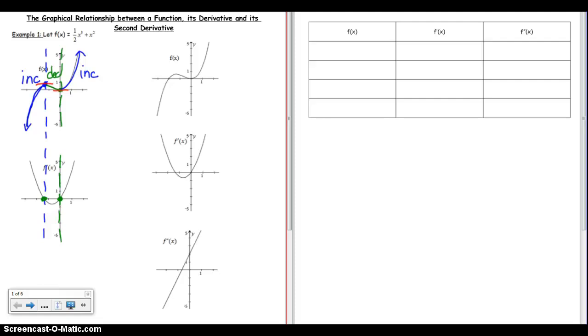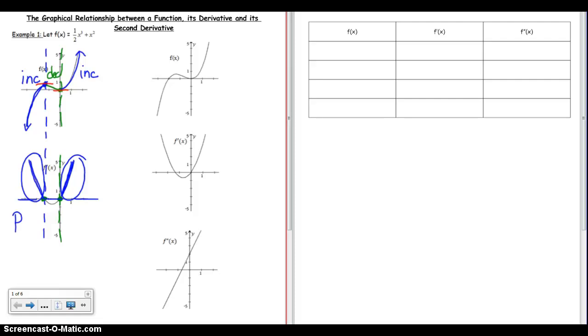So then the question is, what is the derivative graph doing when the function is increasing? So if you look at both increasing intervals, there isn't really a relationship between increasing and decreasing. In the first interval, the derivative graph is decreasing, but in the second interval, the derivative graph is increasing. But what they both have in common is that they're above the y-axis. They're positive.